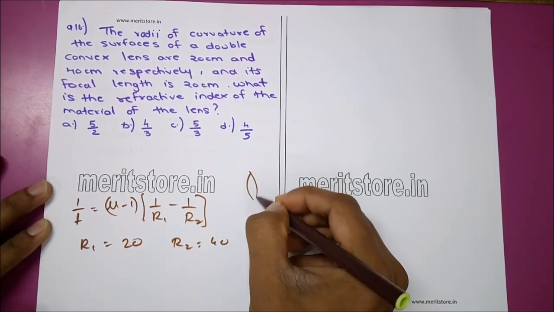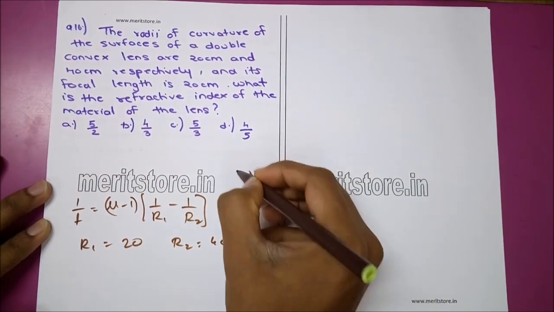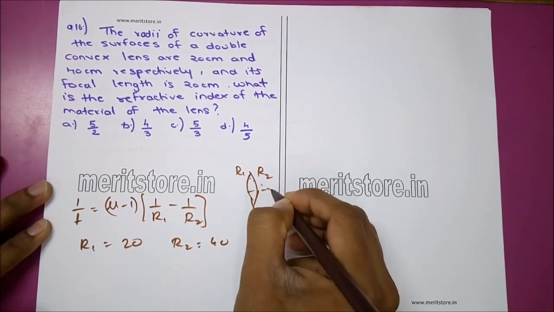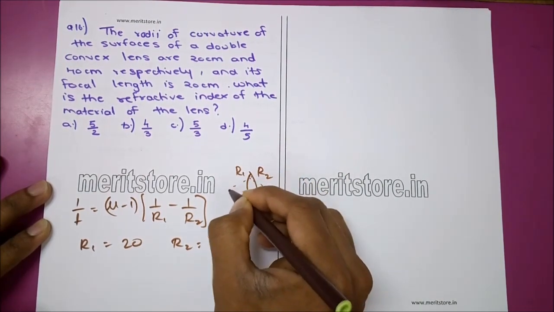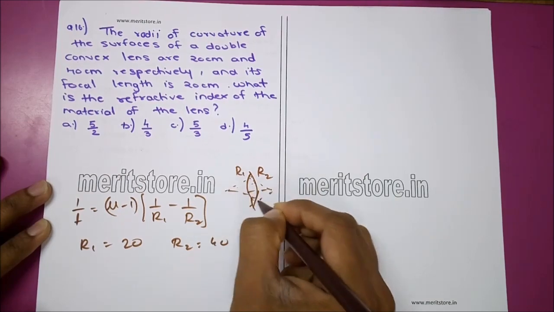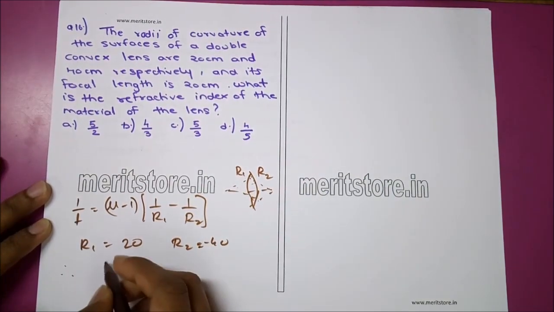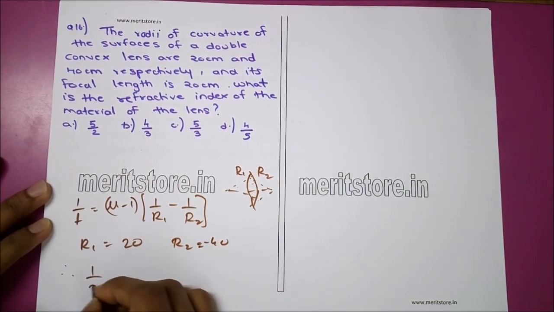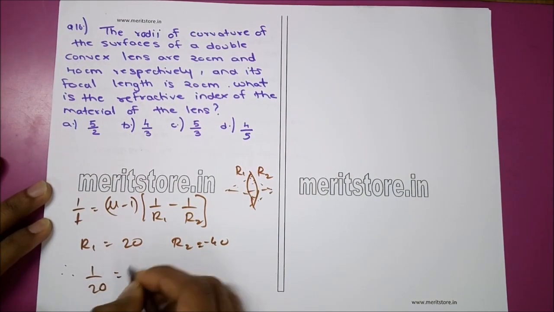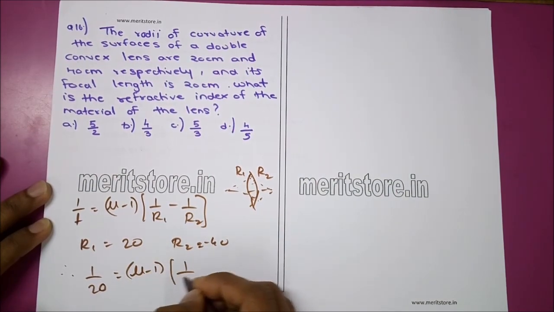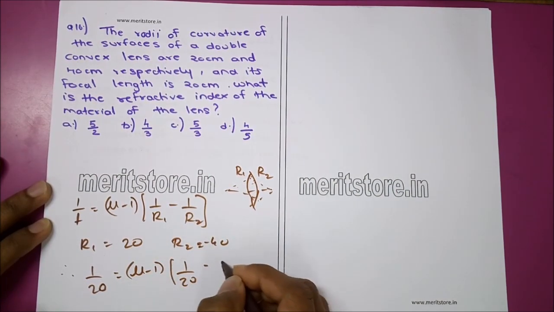However, since it's a double convex lens, R1 is on the right, whereas R2 is on the left, hence R2 would become negative. So therefore 1 by 20, that is the focal length, is equal to mu minus 1 times 1 upon R1, which is 20, minus 1 upon minus 40.